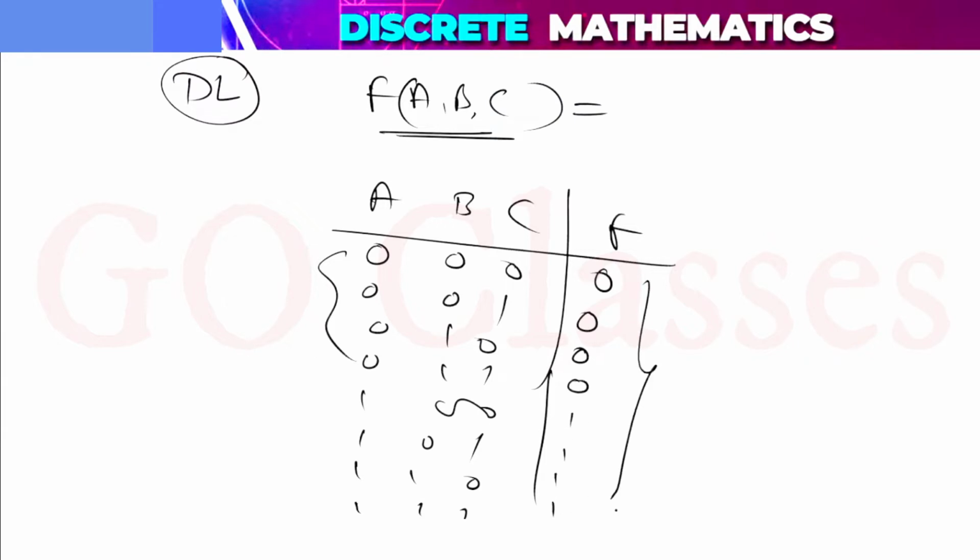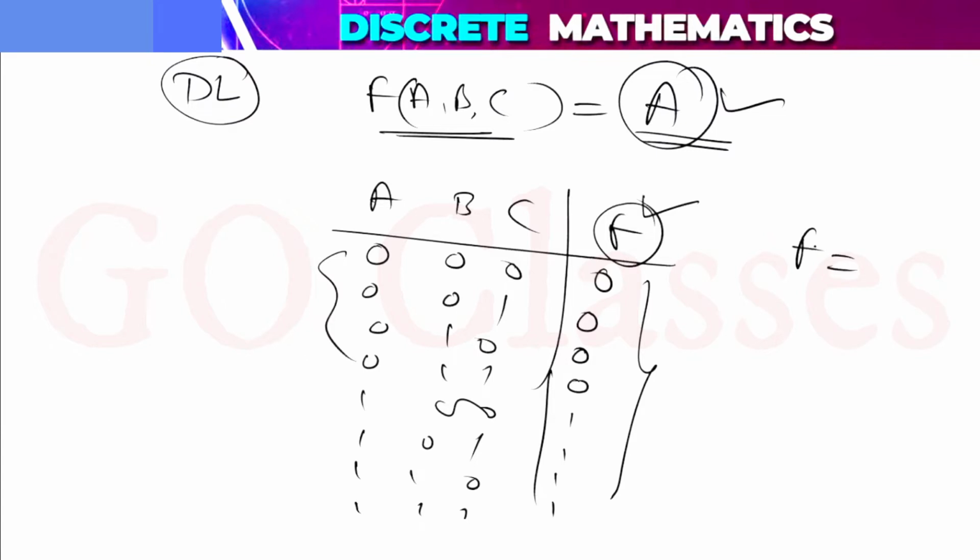Now if you look at this function, it is basically just A. When you minimize this function f, you will get A. So remember, if I give you a Boolean function like this, it does not mean that we have only one Boolean variable.